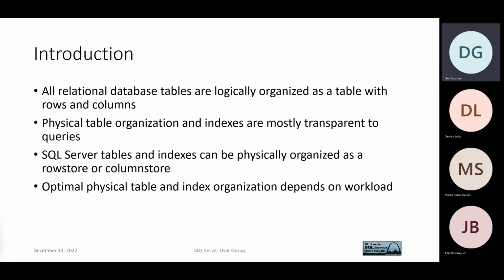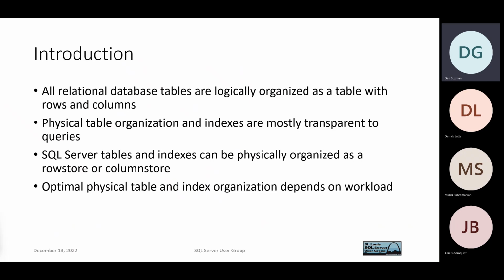So really, all relational databases are logically organized as a table with rows and columns. The underlying storage is almost an implementation detail from a query perspective. You query a database with traditional B-tree indexes the same exact way you would with a column store index, clustered or not.